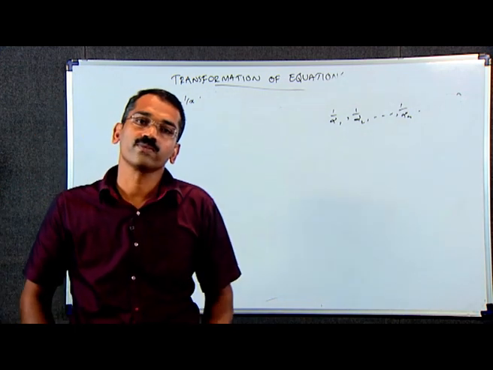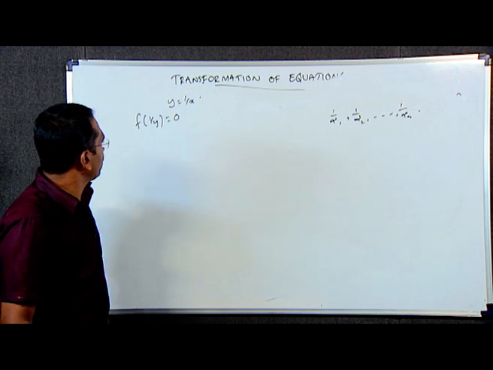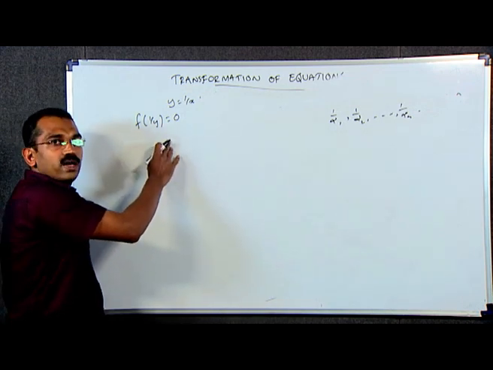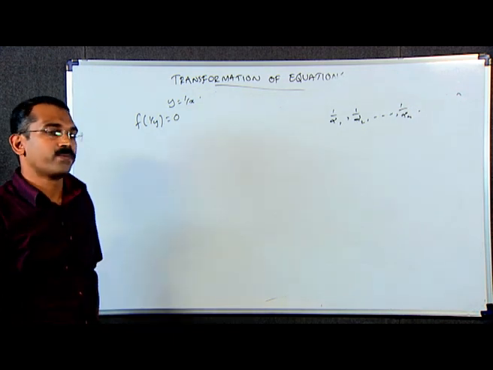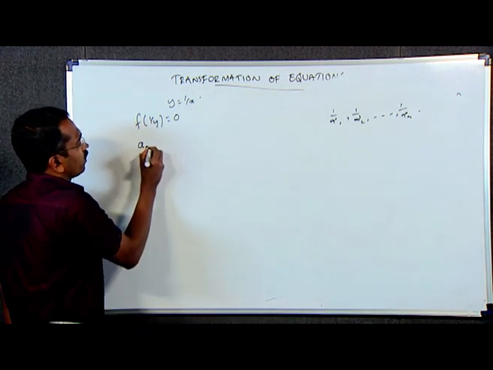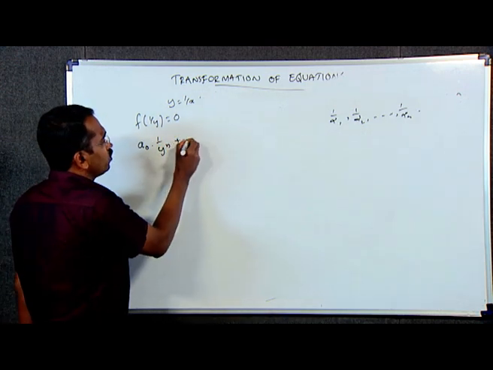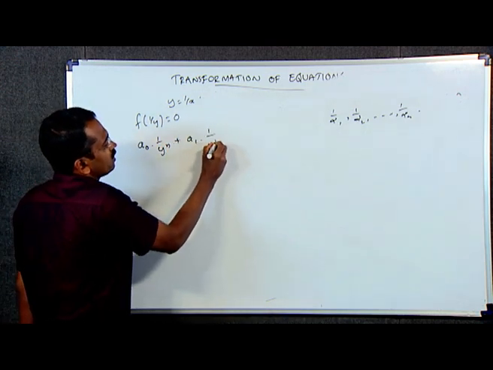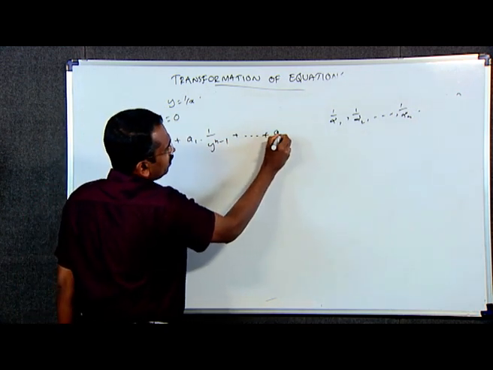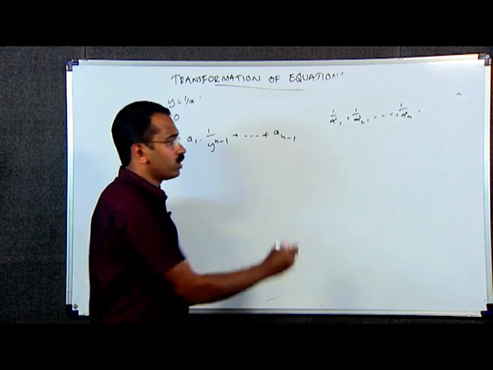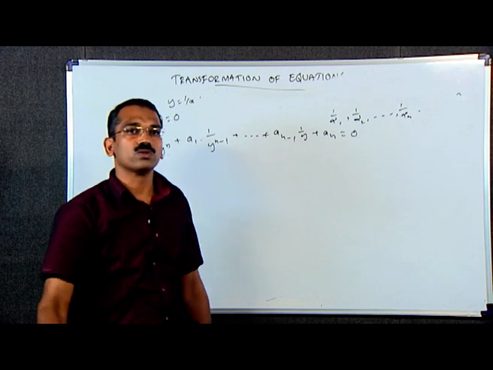Therefore, on putting x is equal to 1 by y, we will get the equation as a naught into 1 by y raised to n plus a 1 into 1 by y raised to n minus 1 plus etc. plus a n minus 1 into 1 by y plus a n is equal to 0.